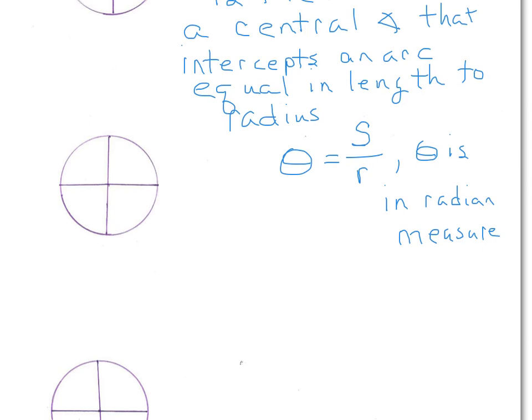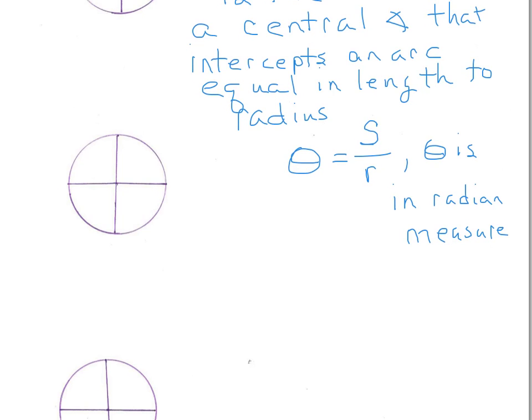Okay, intercepted arc. If I were to start my angle right here and rotate it all the way around a complete circle and end it up right here, the intercepted arc is equal to what? Okay, 360 degrees if we're doing degrees.